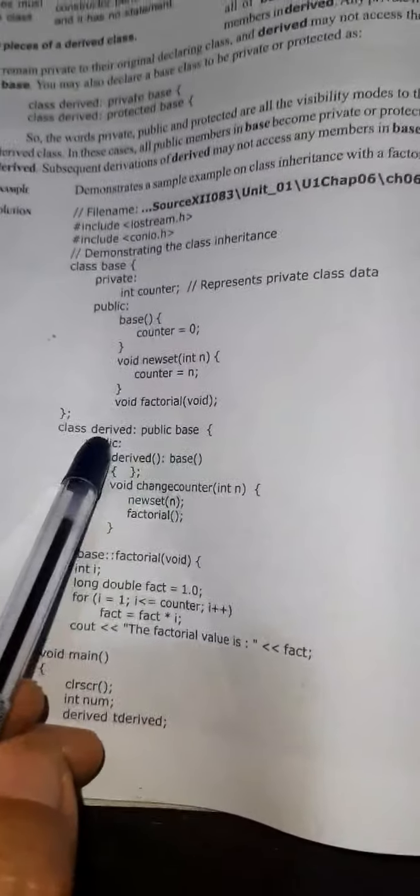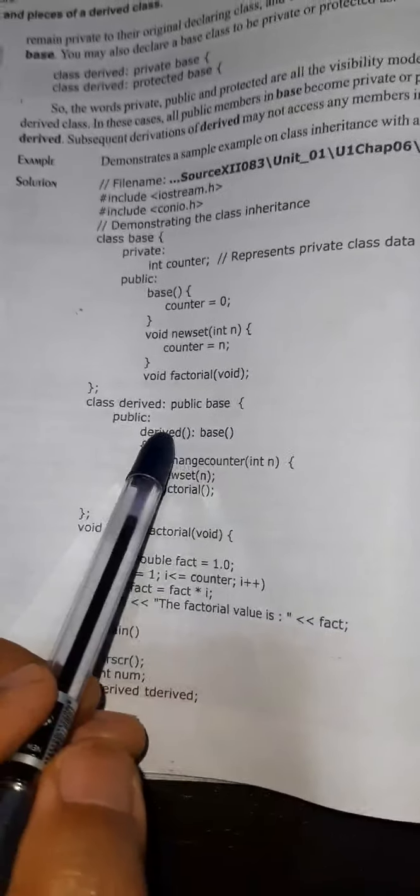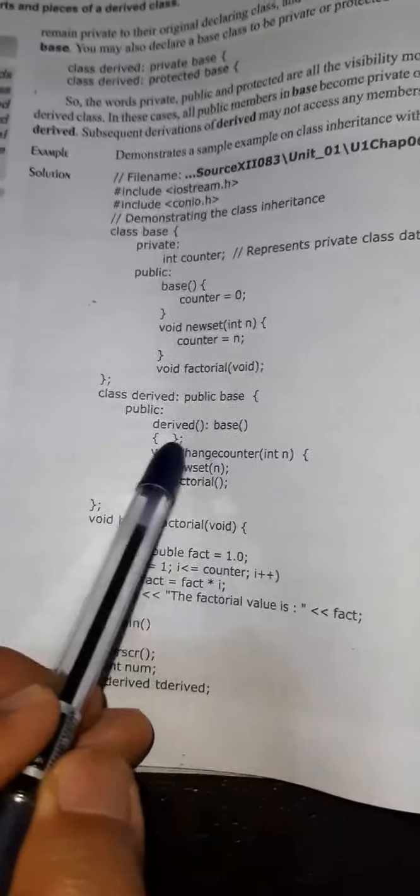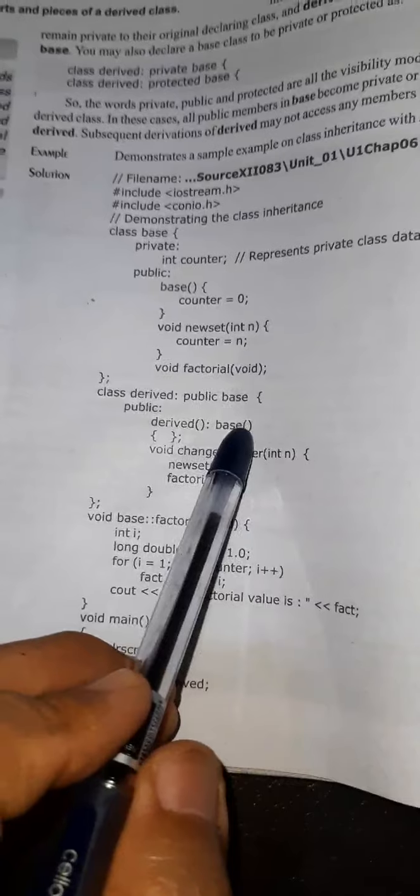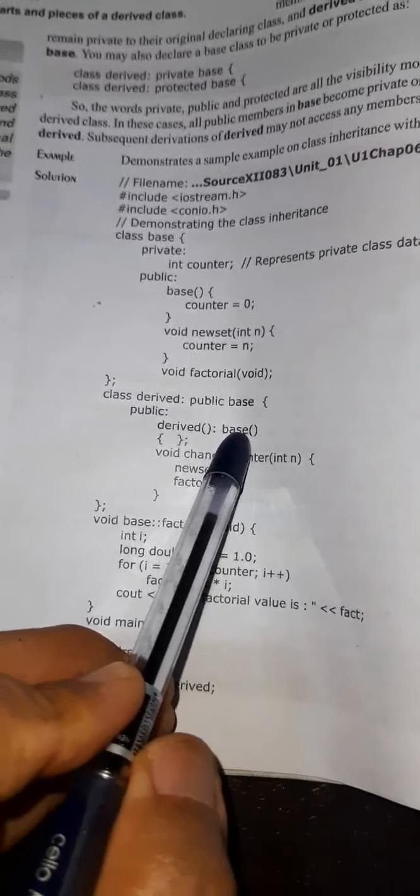That's why here you can see that, using the public access specifier, this is your default constructor for the derived class. Then this is the body of the default constructor for the derived class. Here no statements are written because no data members are declared here, right? And then here, using the colon again, you see the base constructor.